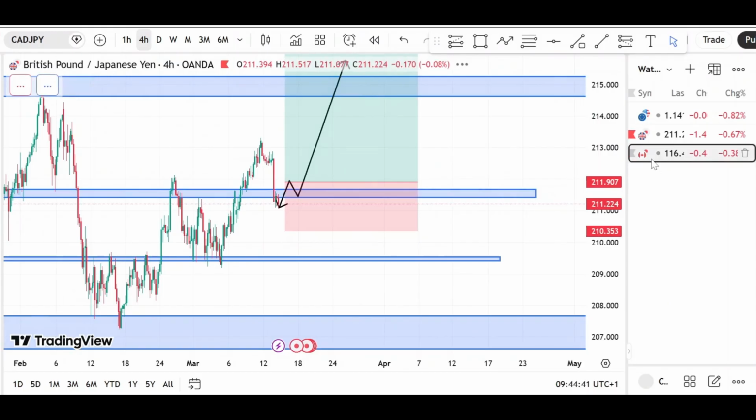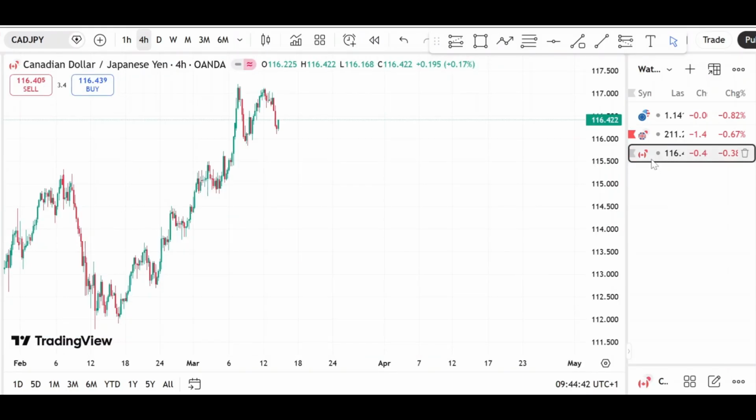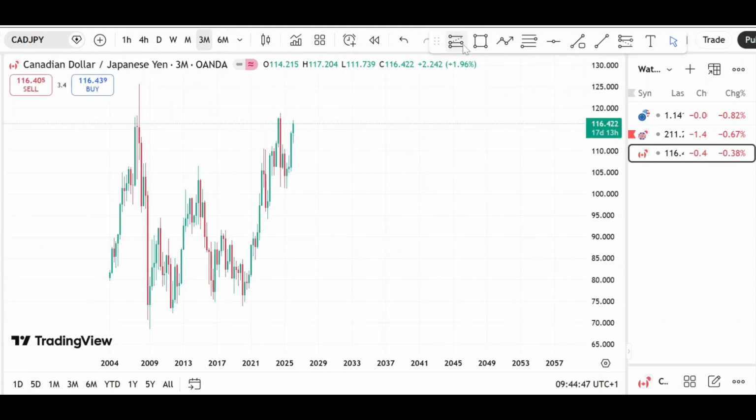Let's go on the next pair, the GPY, and see what is also going on. We start with the 3-month time frame.